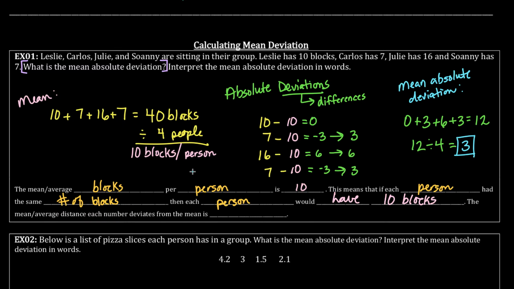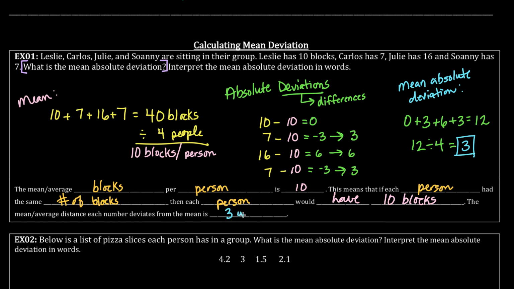So on average, the 10, the 7, the 16, and 7, on average, they are different from the 10 by about 3 units. So 10 is no difference from 10. This is 3, this is 3, and this is 6. But on average, they're about 3 away.